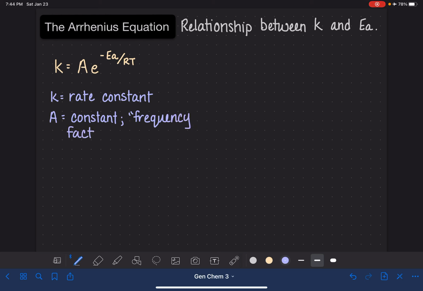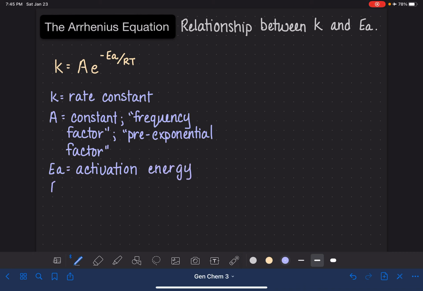It can also be called the pre-exponential factor because it's coming before this term with an exponent. Interestingly enough, it's not called the Arrhenius constant. E sub A is the activation energy. Remember, this is the energy that is necessary for a reaction to take place.